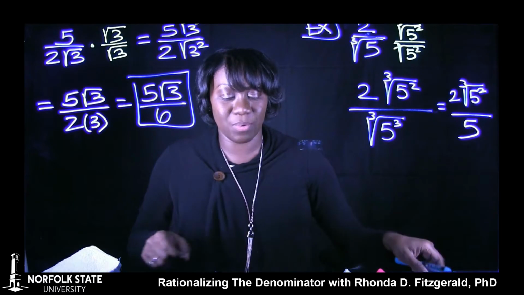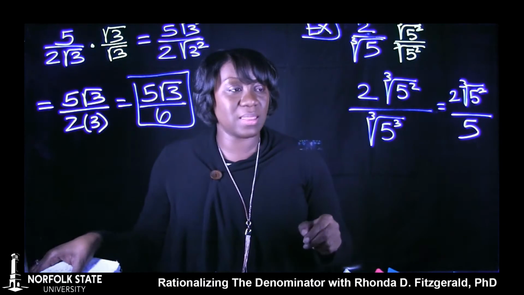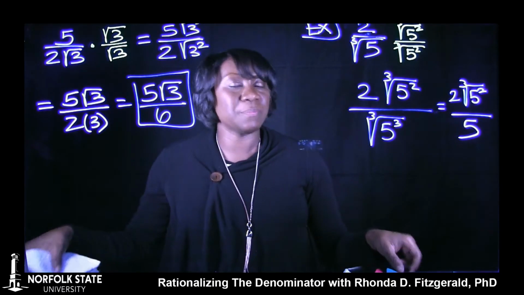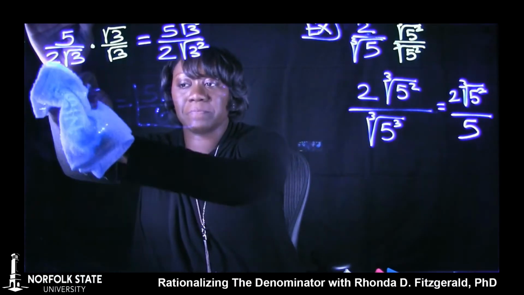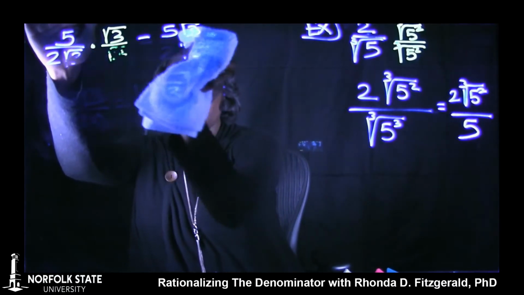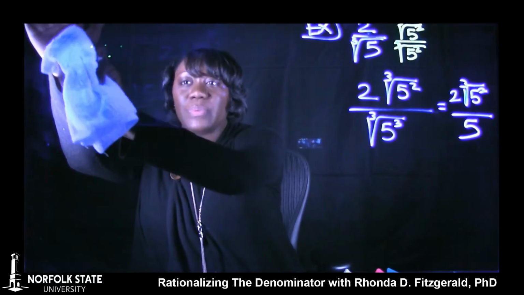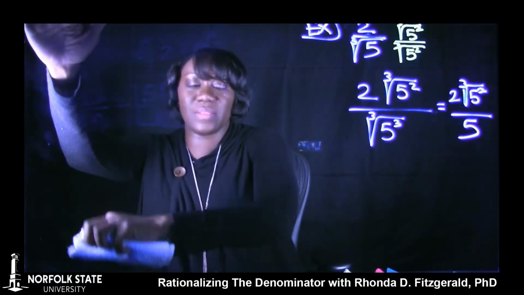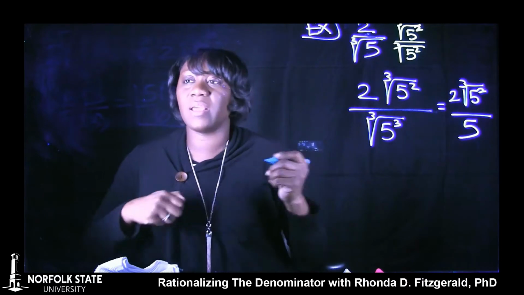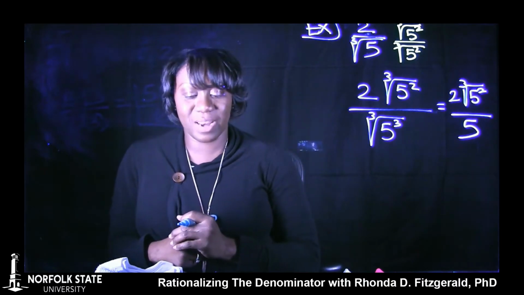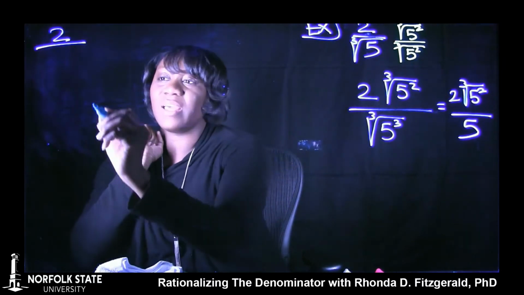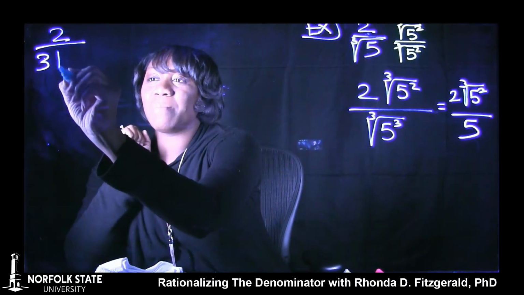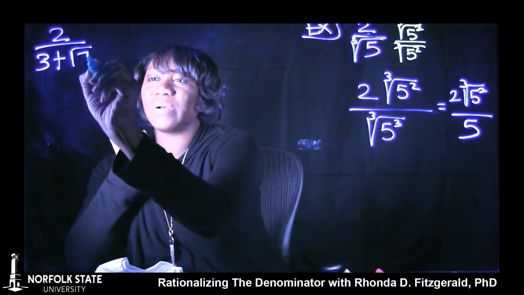One last example that we want to look at is rationalizing the denominator for 2 divided by 3 plus the square root of 7.